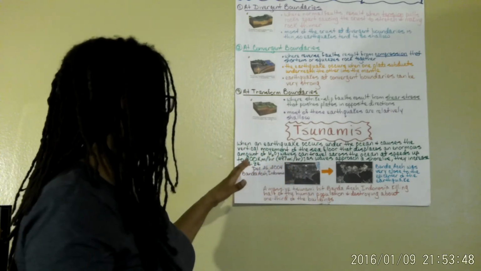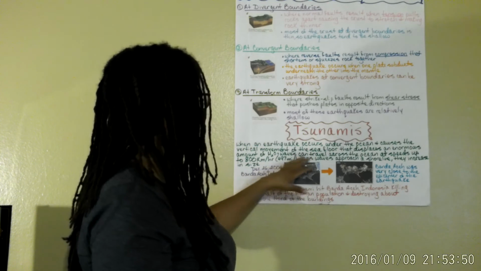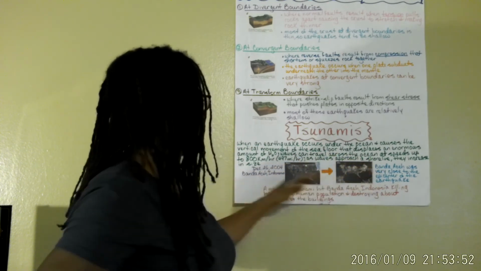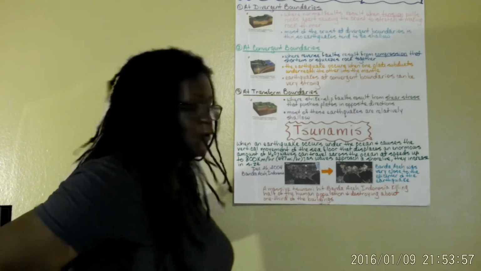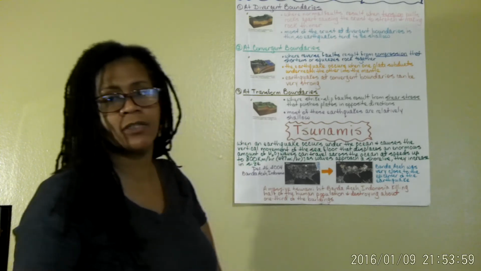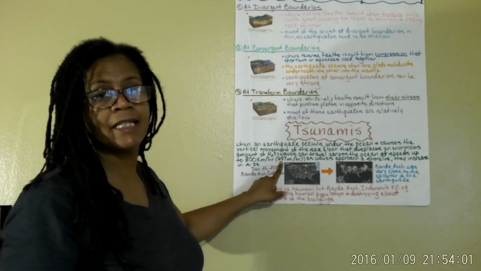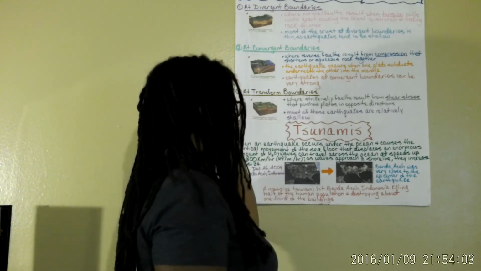And what it says is that the waves can travel across the ocean at speeds of up to 800 kilometers per hour, which equates to 497 miles per hour, okay?